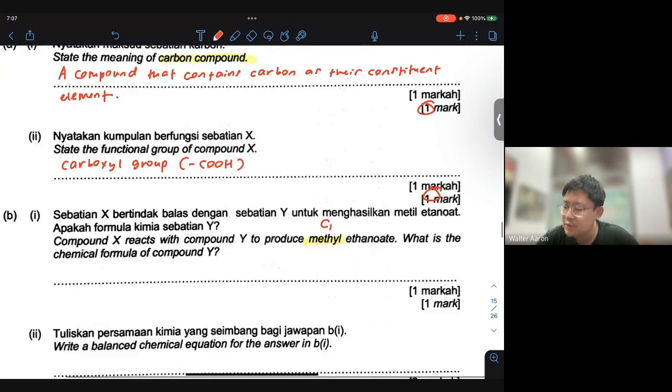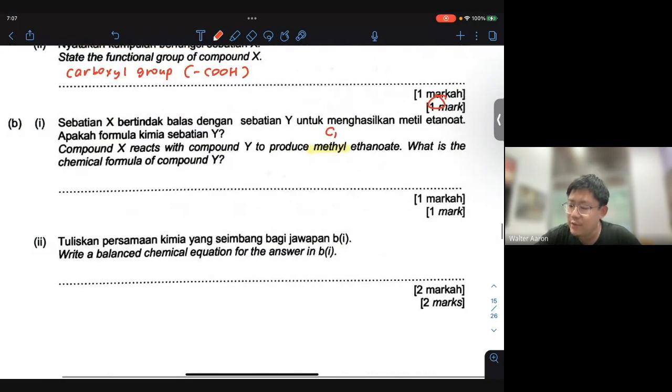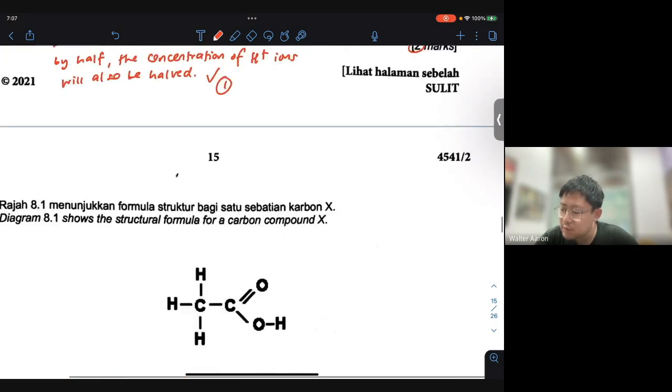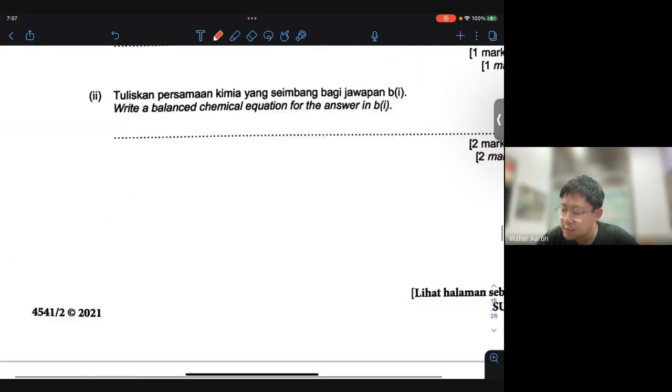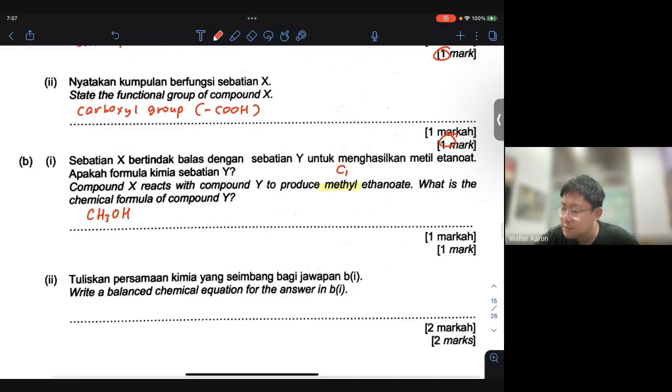This is X. So Y should be methanol. So for methanol, over here you can put CH3OH. Y should be the corresponding substance. So methyl here means methanol. So that is methanol's chemical formula.